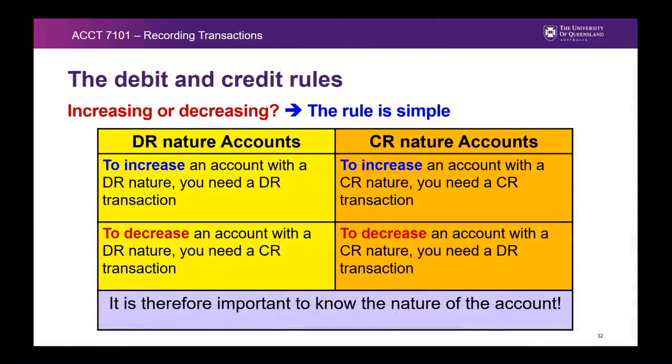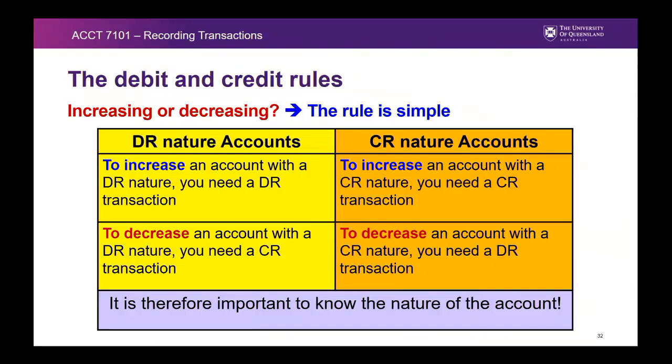So we've mentioned the debits and credits, and now we've got a rule. The rule is simple, but it requires us to think a bit. Depending on the nature of the account, a debit is an increase or a decrease. For accounts with a normal debit nature, we increase the account by using a debit. So instead of the plus or minuses, we use a debit where the account has a normal debit balance, so assets and expenses.